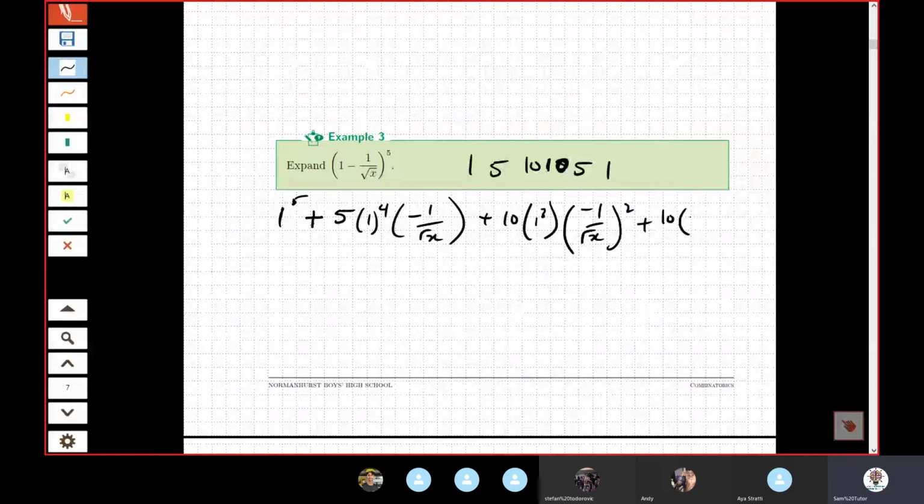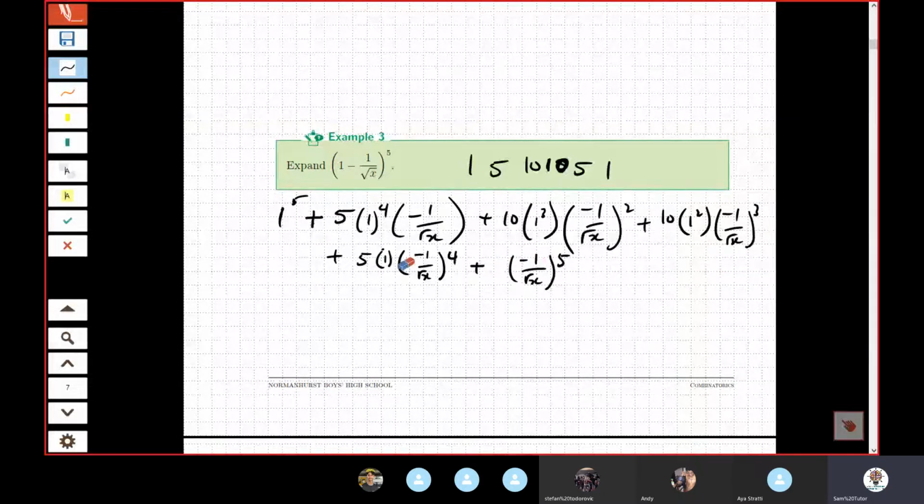Plus 10, 1 squared, plus 5, 1, plus 1, and then negative 1 root x to the power of 5. Now I'm going to get rid of all these ones that you should never have written in the first place.